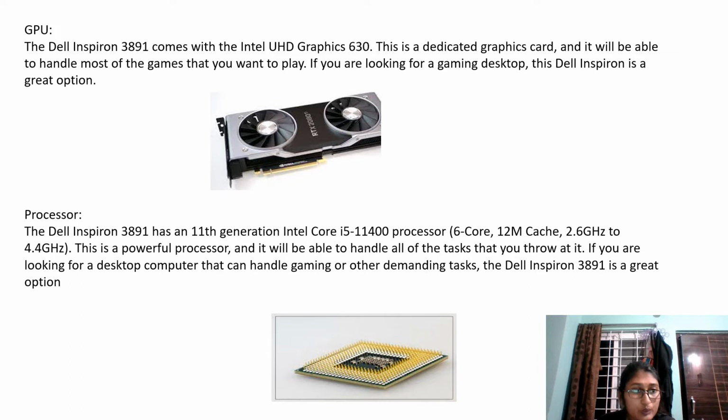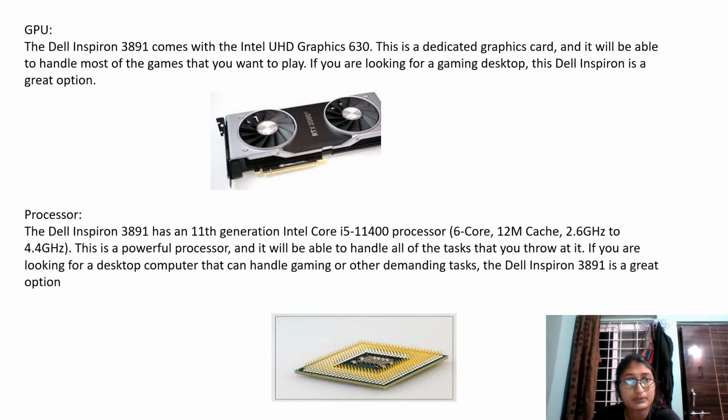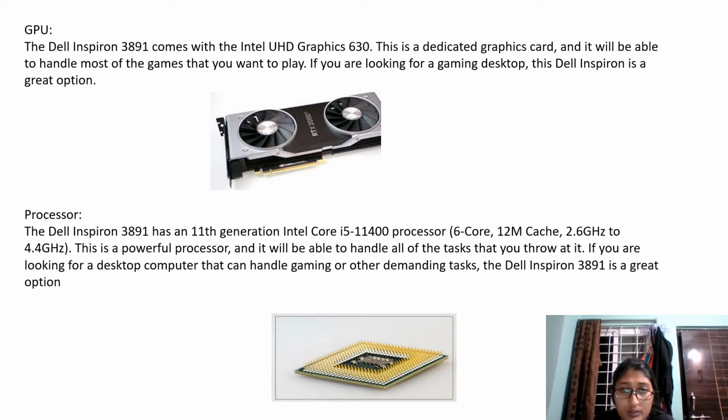And this is a GU Dell Impression of a graphical detector of Dell Impression option, and this is a processor of 11th generation of Intel Core processor of 6 core and 12 Hz processor.